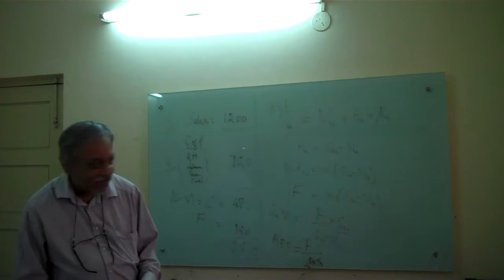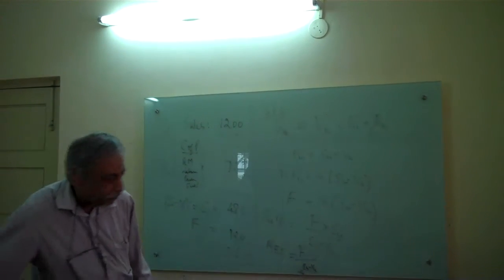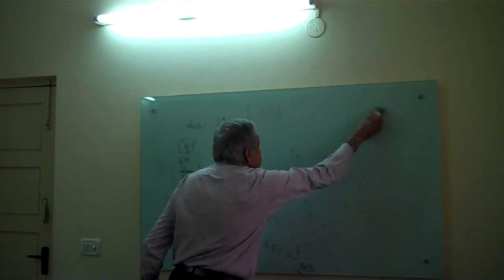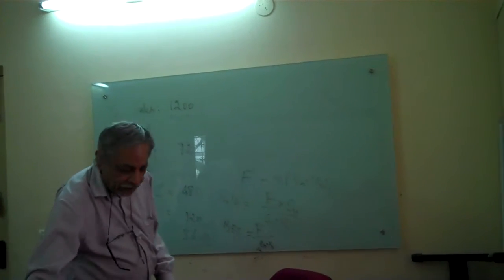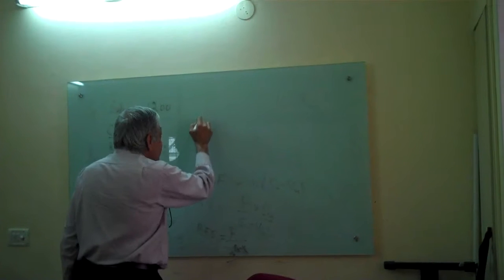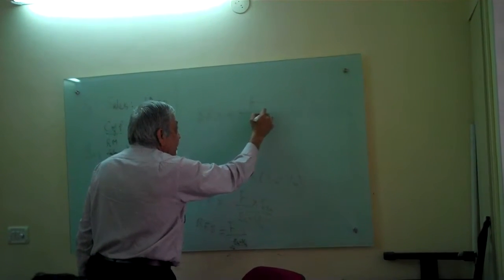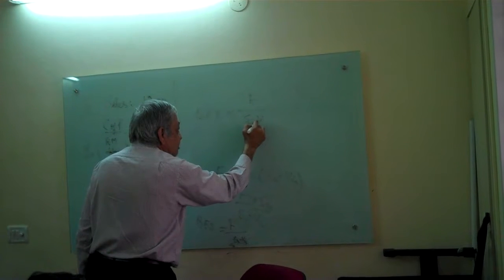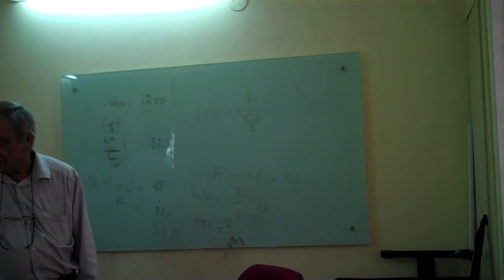If you accept that, then I will rewrite my formula: BES is equal to F divided by S minus V divided by S. Can I write?